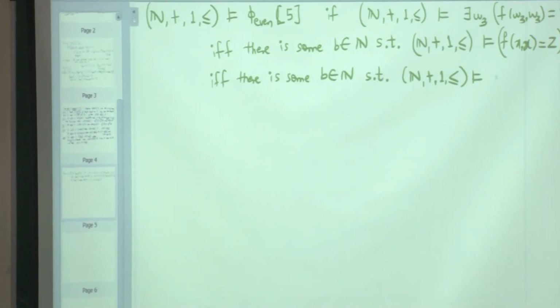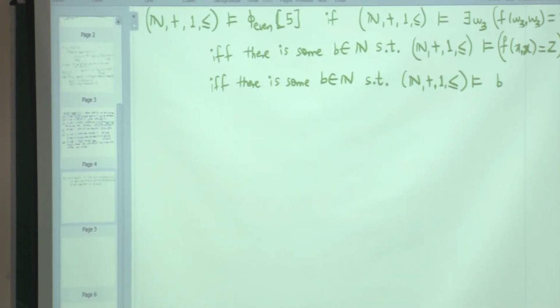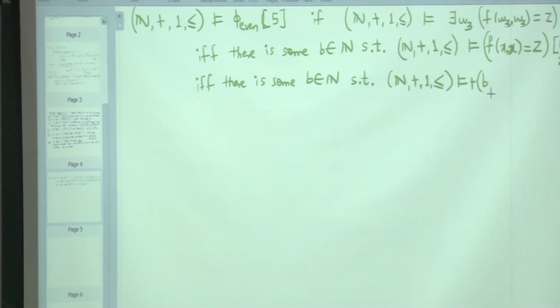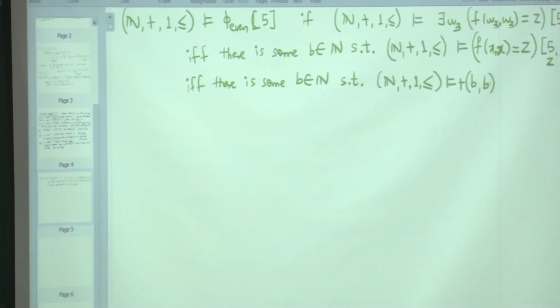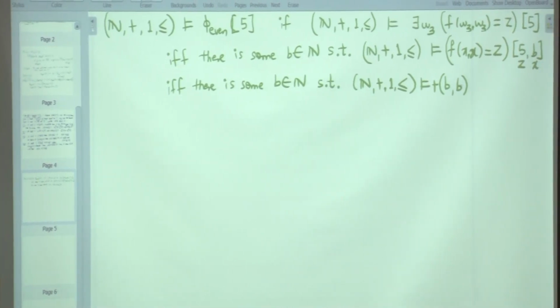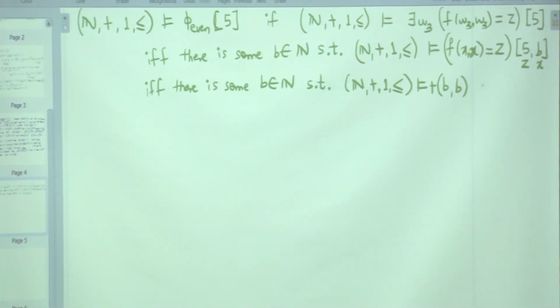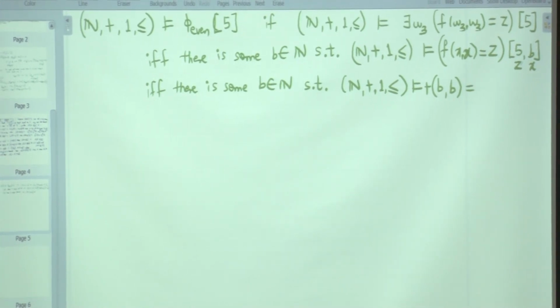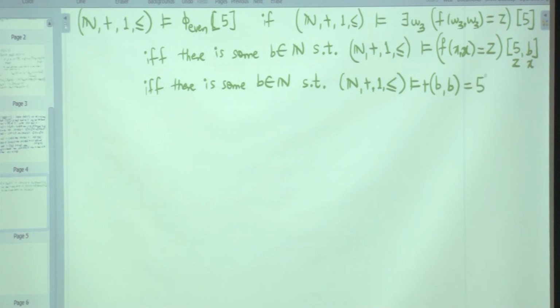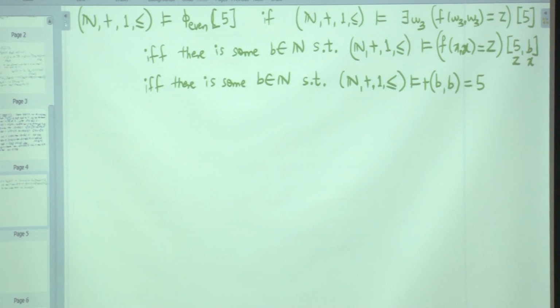So if and only if plus of b comma b, b and b are interpretations of x at phi comma b, and z is interpreted as 5. Now we can say, but is it the case that there is some b such that b plus b is equal to 5? No. So therefore, ultimately our claim is going to be it's not satisfied.